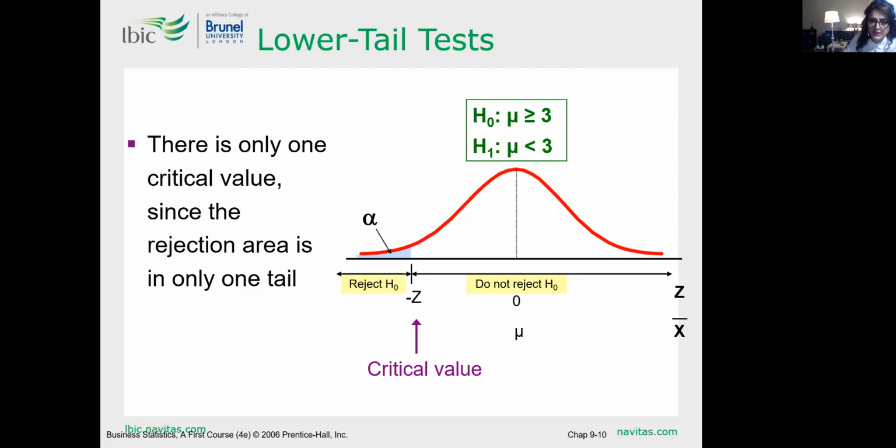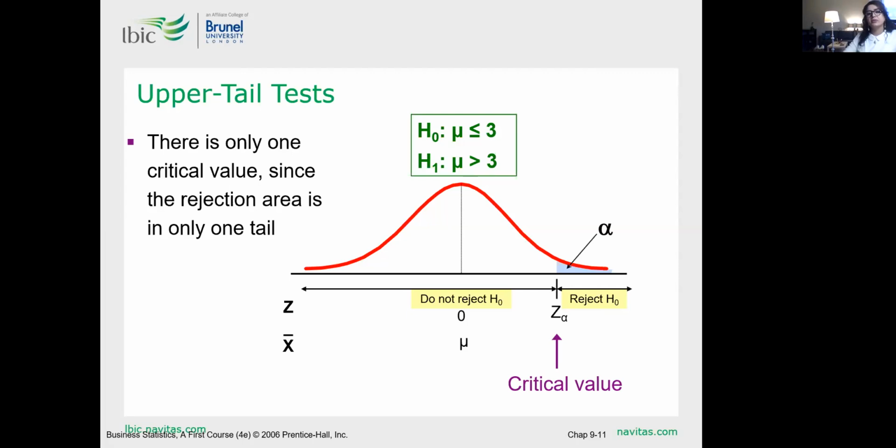We need to find out that we do have a population mean of 3, so we do not reject the null hypothesis, because the value of the population mean is within this interval. Then we cannot reject the null hypothesis, right? The same terminology applies in the next one, because we still have 3 as the population mean within the null hypothesis interval.